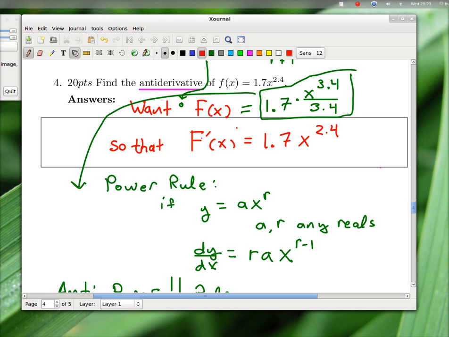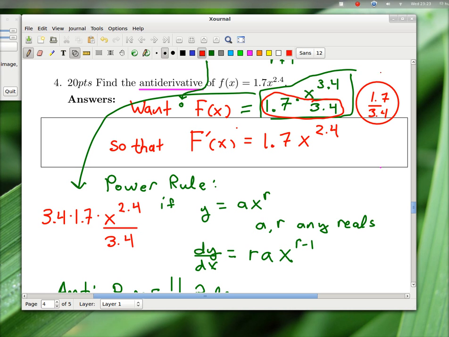So what happens if we actually compute F prime? Then the 3.4 comes down and I get 3.4 times 1.7 times x to the 2.4, and it's still over 3.4, and you're saying, what is that? You're changing the rules. But I'm not changing the rules, because I'm thinking of 1.7 times this thing in the denominator as really like 1.7 over 3.4, and so this is like my constant a.